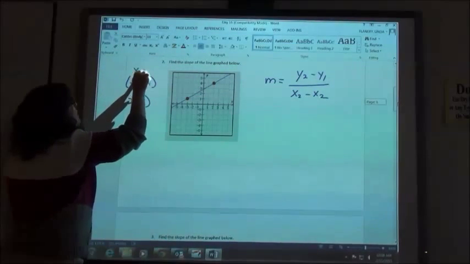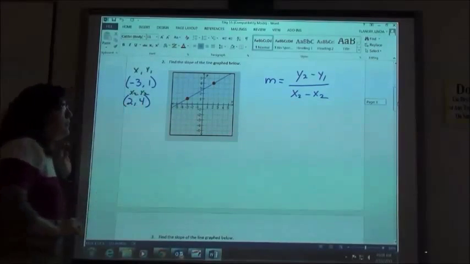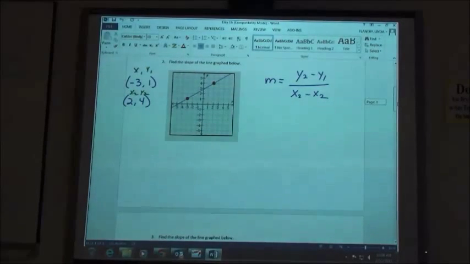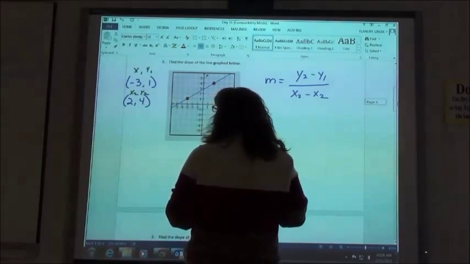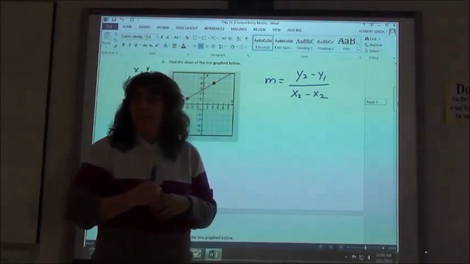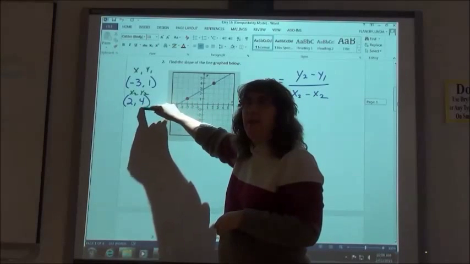So this would be my x1 and my y1. This would be my x2 and my y2. So my y value from point 2 would be what number? The y value from point 2 is going to be 4.